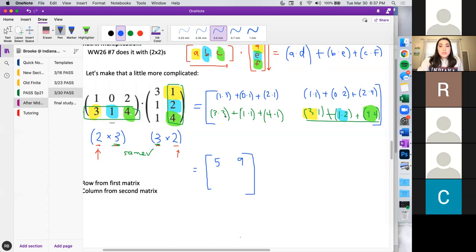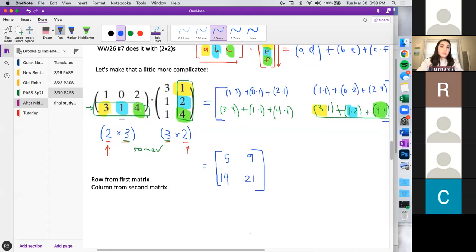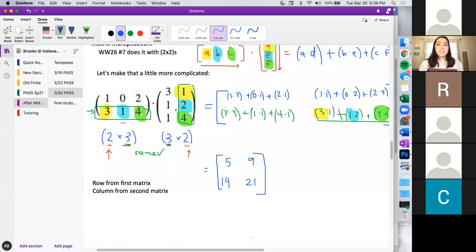Here I've got 3 times 3 is 9, plus 1, plus 4, so 14. And this is 3 times 1 is 3, plus 1 times 2 is 2, plus 4 times 4 is 16. So 16 plus 2 is 18, plus 3 is 21. So these two multiplied together equals this.